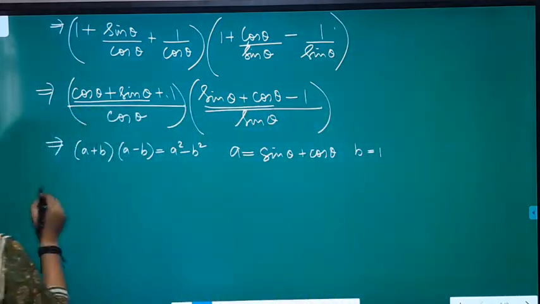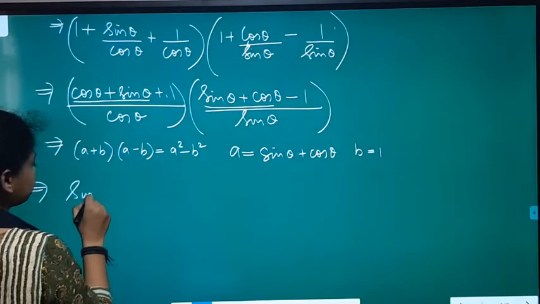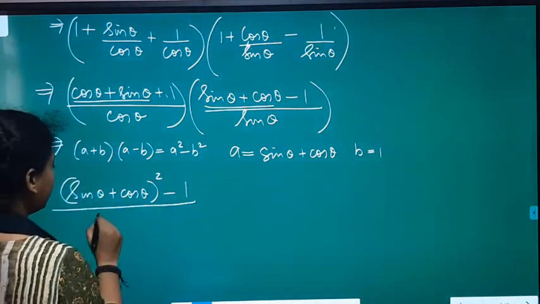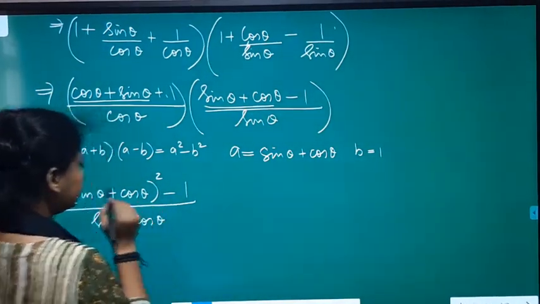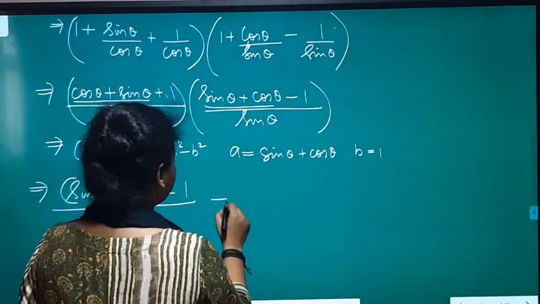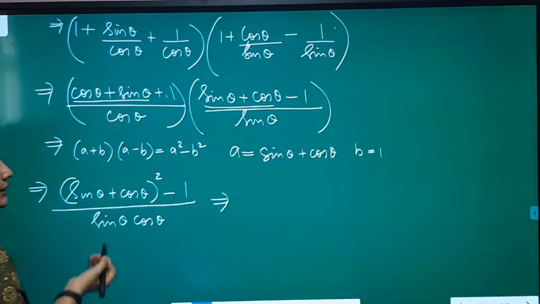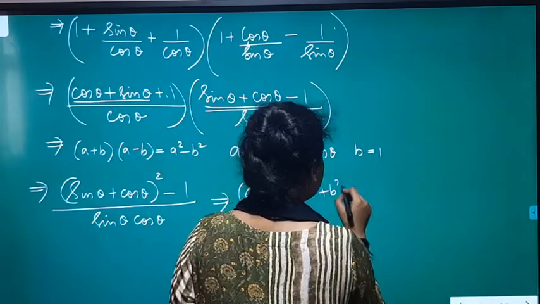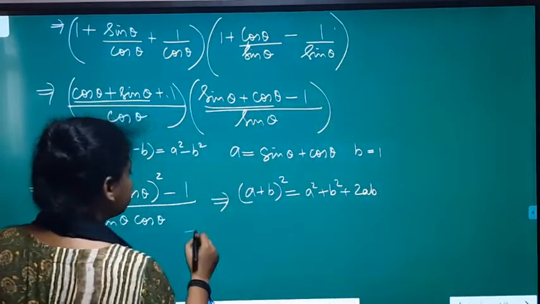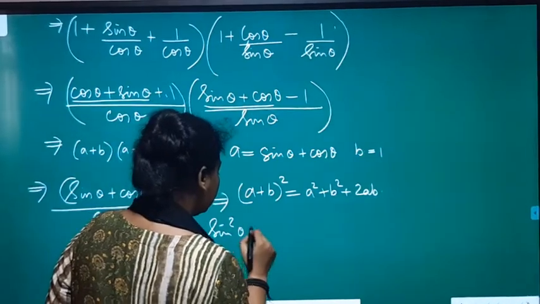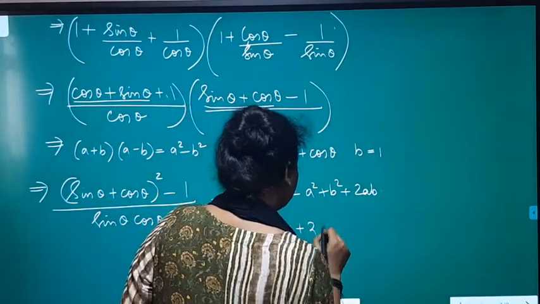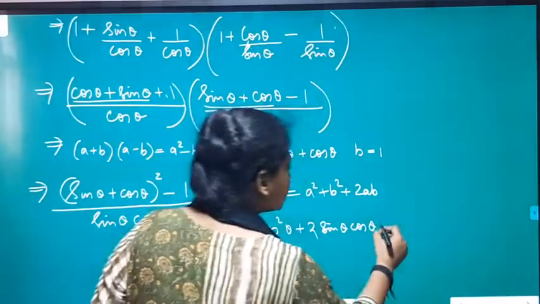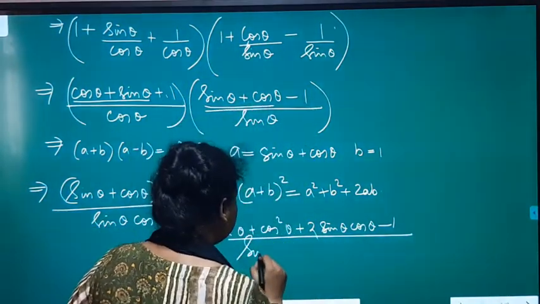So applying this identity, we get sin theta plus cos theta whole square minus 1 upon sin theta into cos theta. This value we will expand by applying a plus b whole square. What is a plus b whole square? This is a square plus b square plus 2ab. So by this we have sin square theta plus cos square theta plus 2 into sin theta cos theta and minus 1 as it is upon sin theta into cos theta.